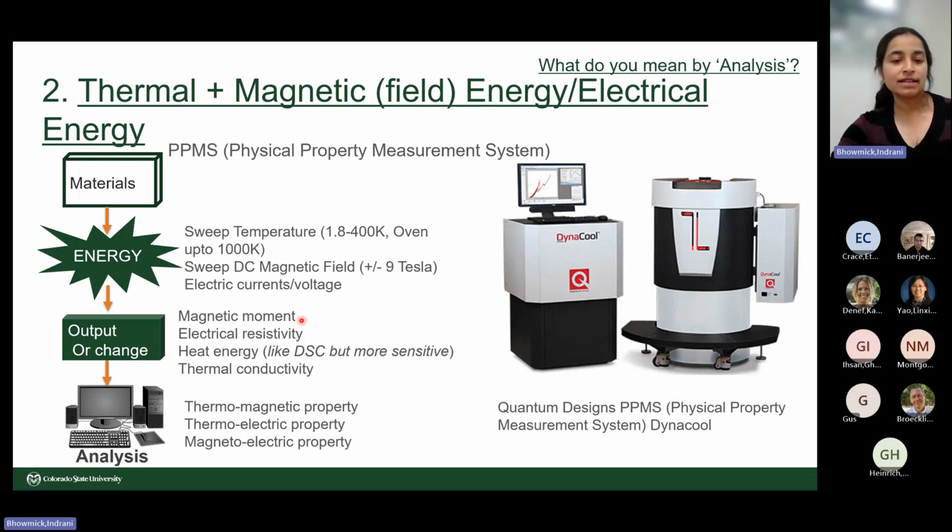The output will be magnetic moment, but you also have electric resistivity, thermal conductivity, and heat flow, the same way but much more sensitive. All these properties can be used for thermomagnetic, thermoelectric, or magnetoelectric properties of samples.